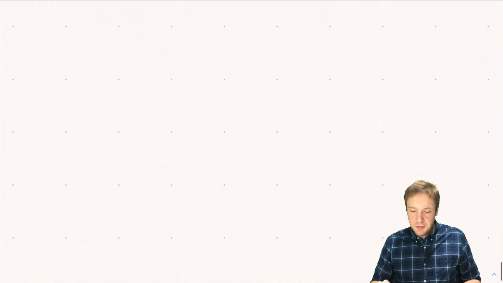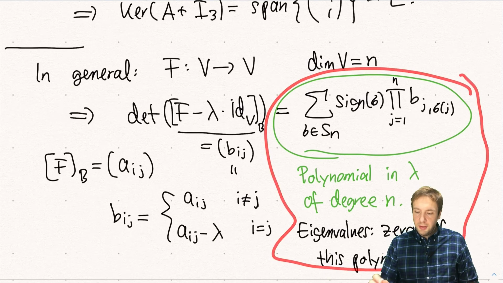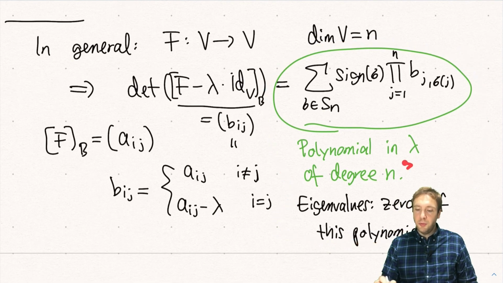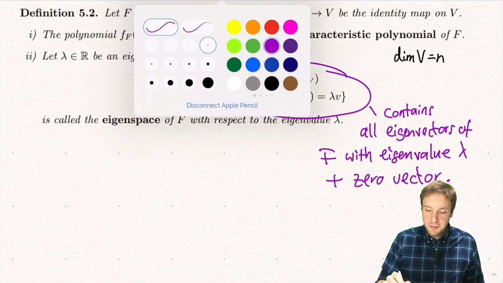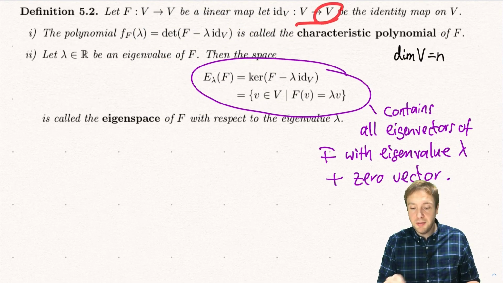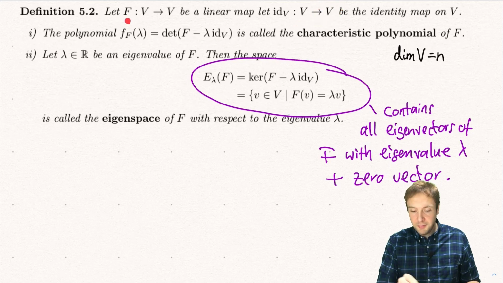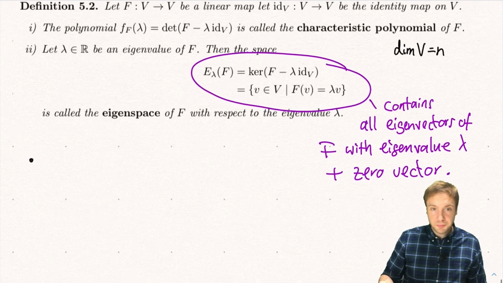And also with this discussion here, because this characteristic polynomial is a polynomial of degree n, and from calculus you know that a polynomial of degree n can have at most n zeros. So this means that a linear map from an n-dimensional space to an n-dimensional space can have at most n eigenvalues.